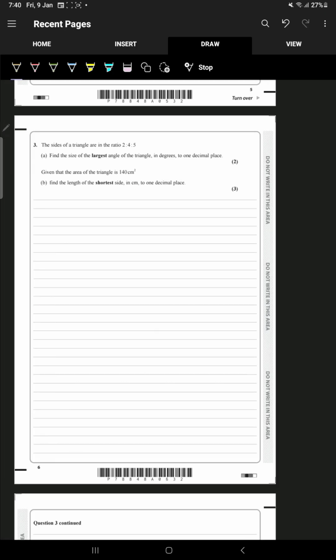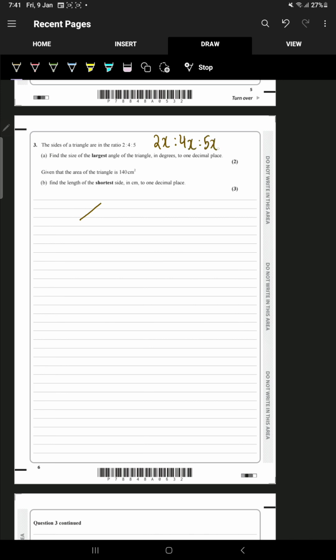The sides of a triangle are in ratio 2, 4 and 5. Find the largest angle of the triangle in degrees to one decimal place. So it's in the ratio, so we can write 2x, 4x and 5x. In ratios there's always a factor there.